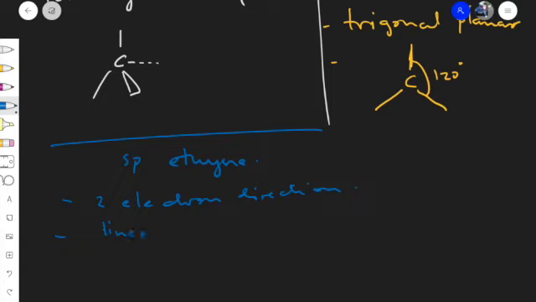It is a linear shape, and the angle is obviously going to be 180, and this will look something like this. So we have a linear shape, and this will be 180 degrees.